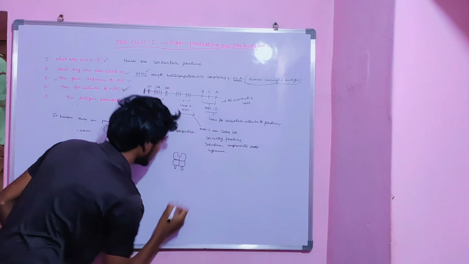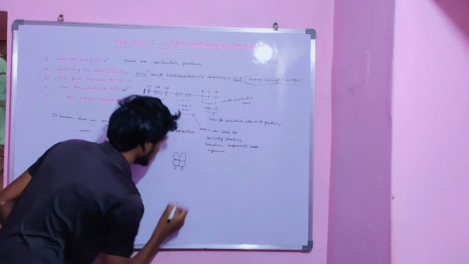Golgi body. Before the presentation, let us take an example of a pathogen, just like a bacteria. In this case, this is a bacteria. This bacteria will invade into a cell.